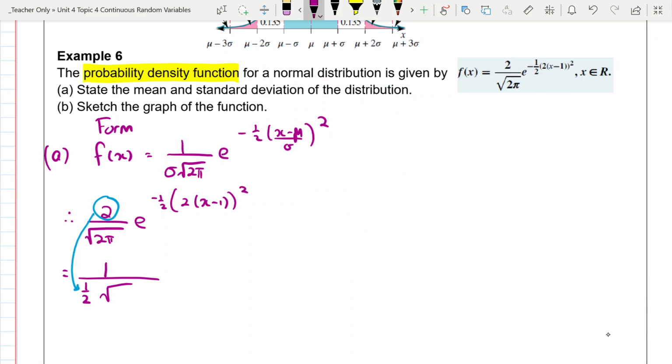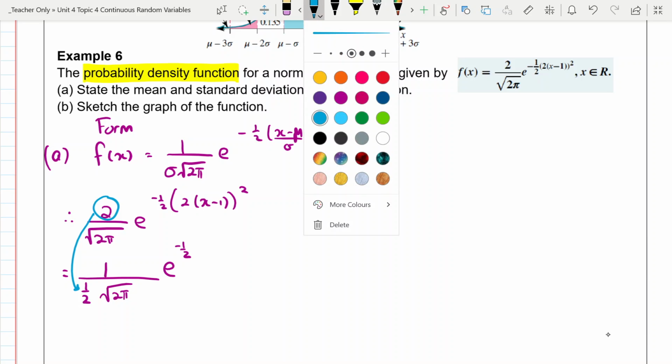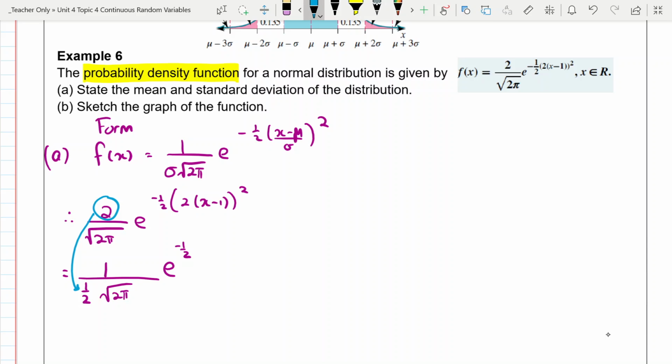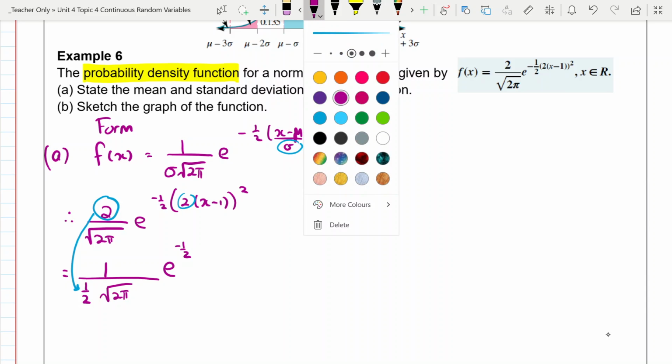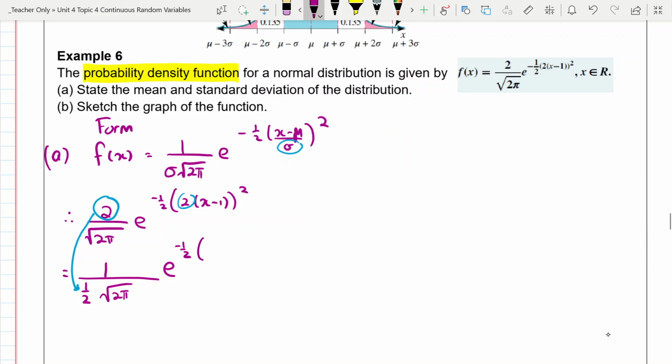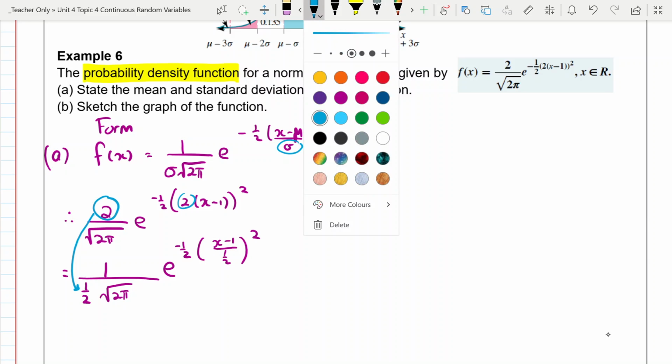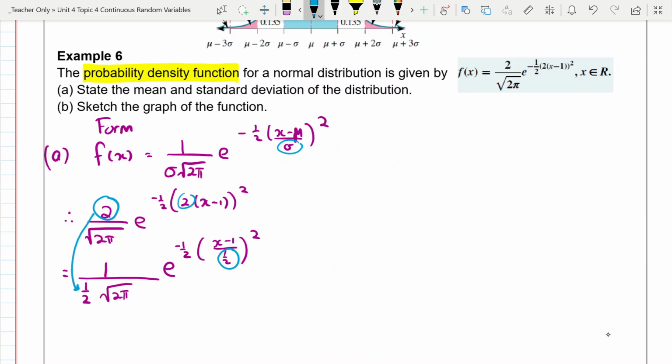Then I have the square root of 2 pi, that remains, and then e to the negative a half. Again over here, I need to get my sigma below my vinculum, so I'm going to rewrite that as x minus 1 over a half, squared. What you'll notice is that my sigma is the same in both cases, a half.